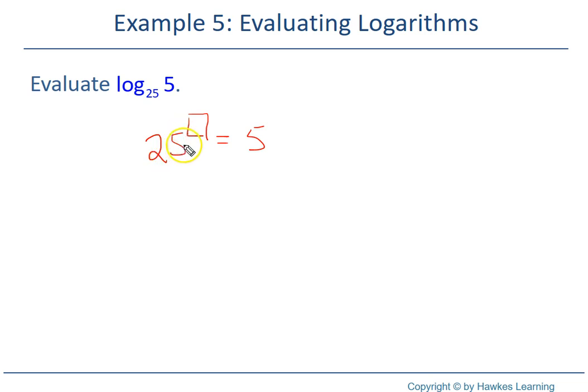Now, in this case, it's going to be not a whole number, but a fraction. 5 to the 1/2 power. So it's the square root of 25 equals 5. And 25 to the 1/2 power is another way of showing the radical.